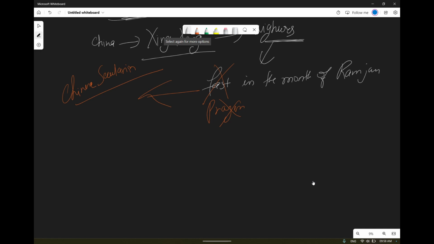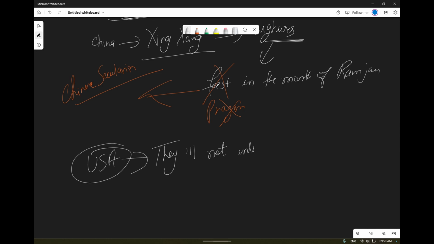The idea of secularism in the USA is that they will not interfere in religious matters.